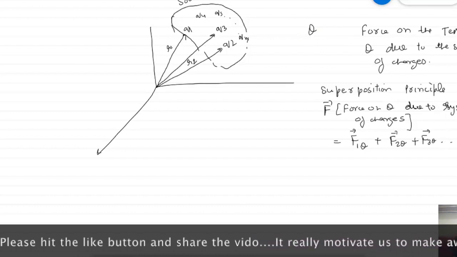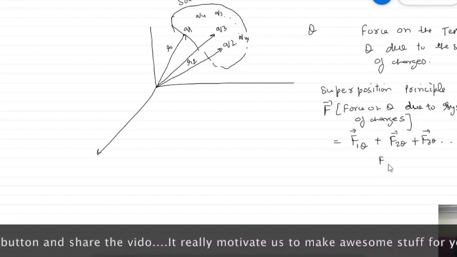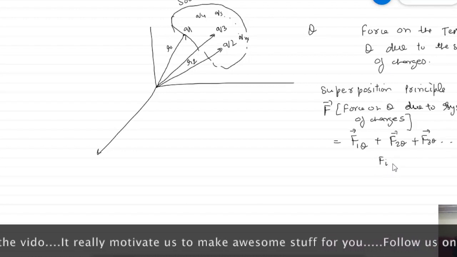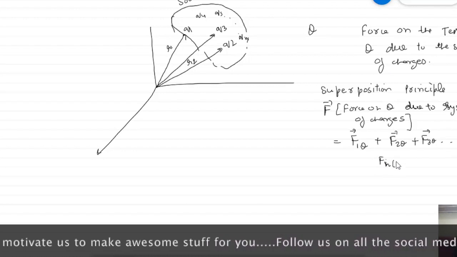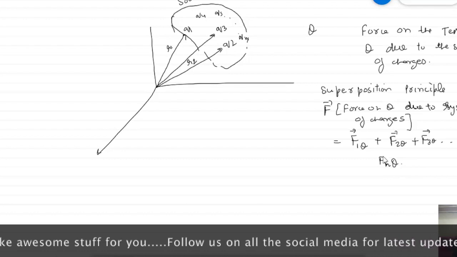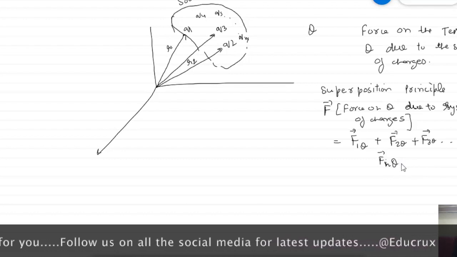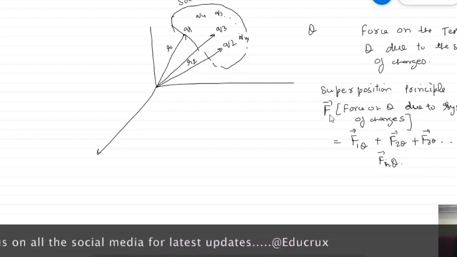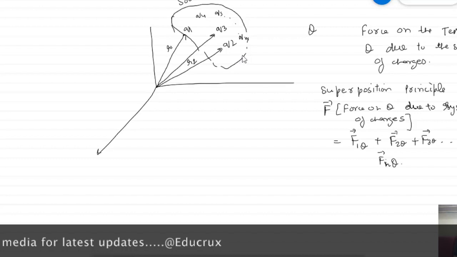Okay, so it will go up to FnQ. So this is force on the capital Q test charge due to the source charge qn, and these all are my system of charges.